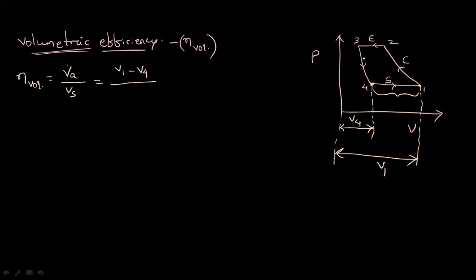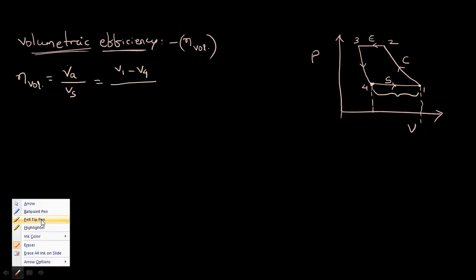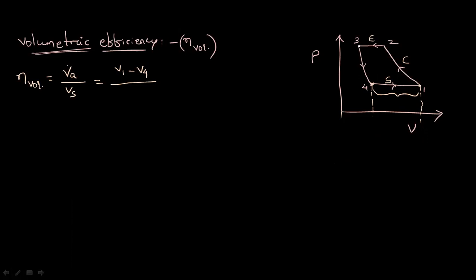So which one is the swept volume? From this point is the maximum volume of the cylinder, and the minimum volume of the cylinder is V3.